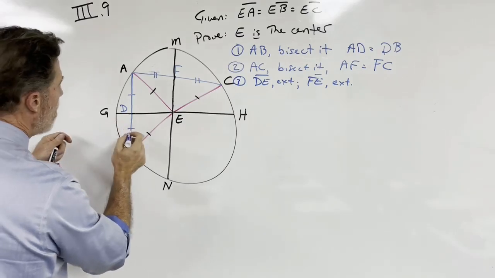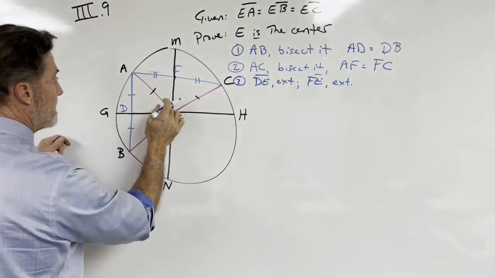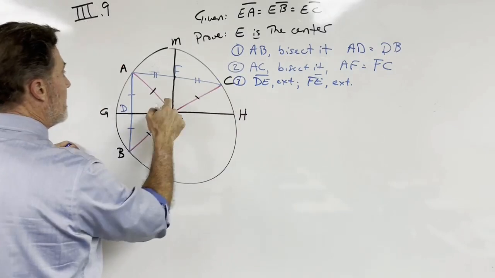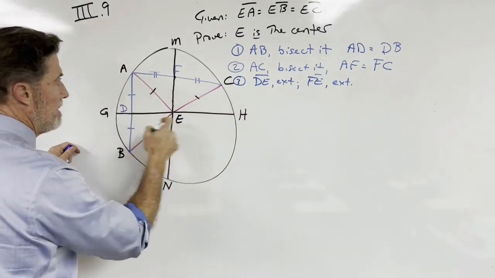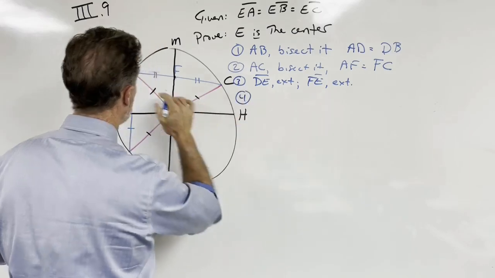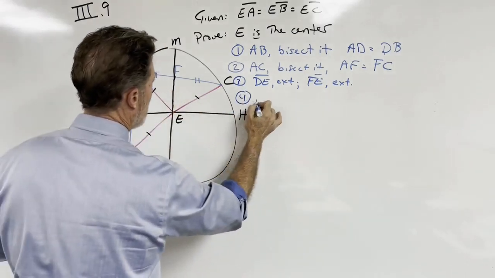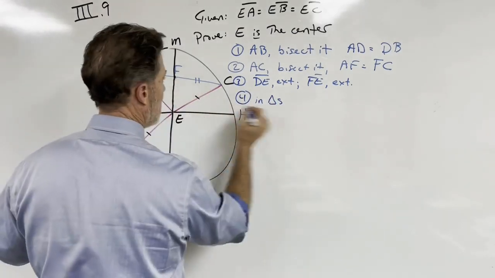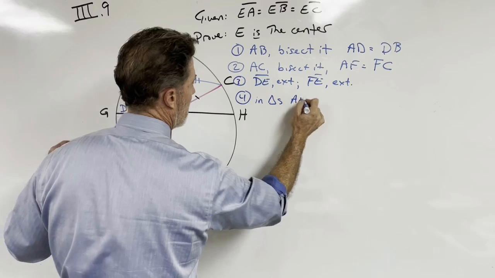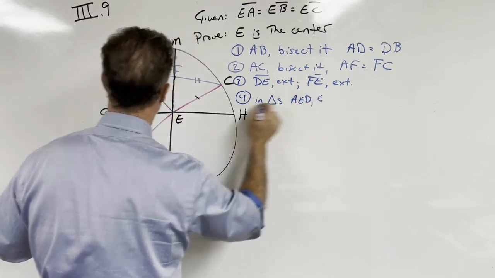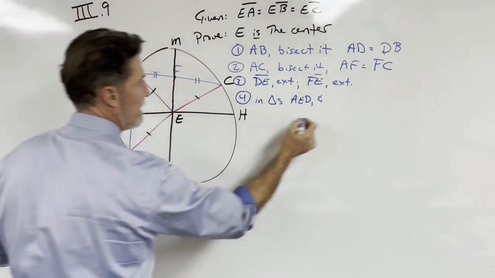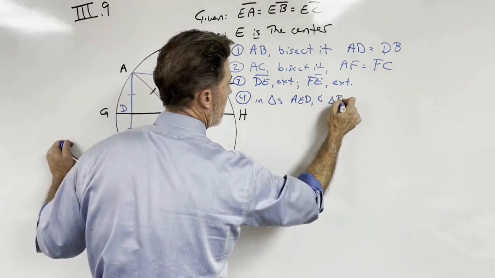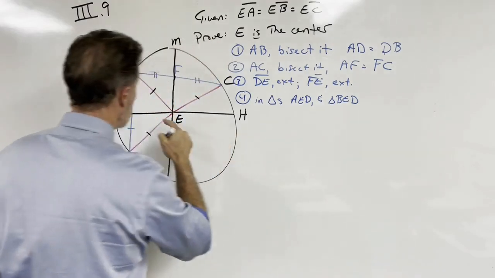So we know that it's given that AE is equal to BE. So let's look at triangles AED and BED. Let's see what we have in common.